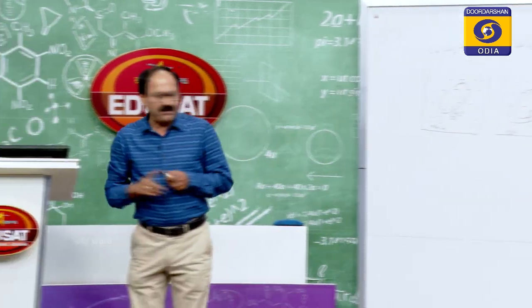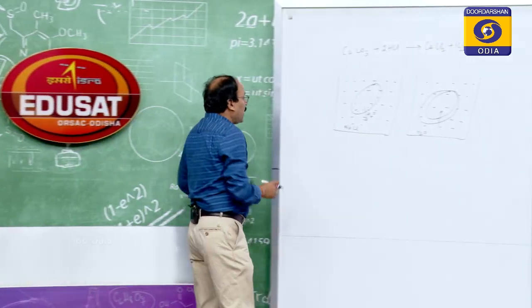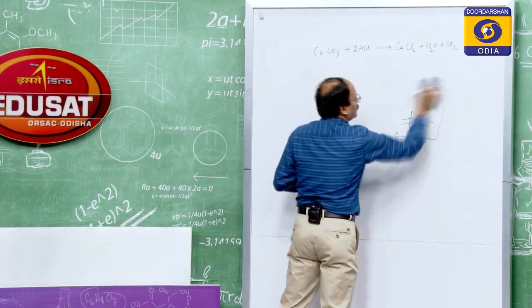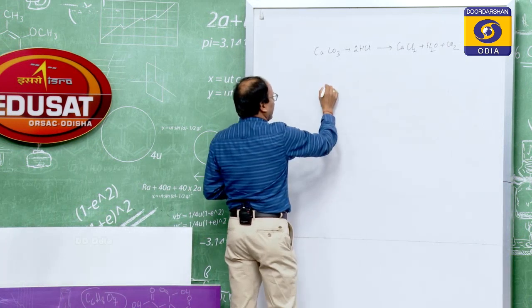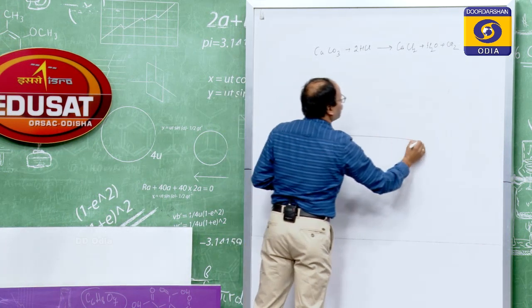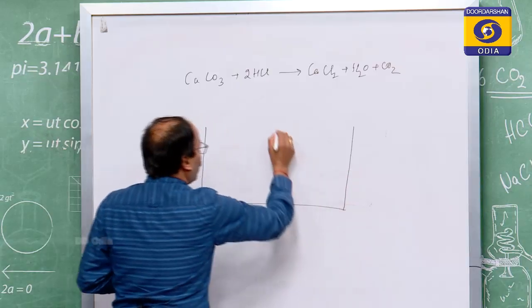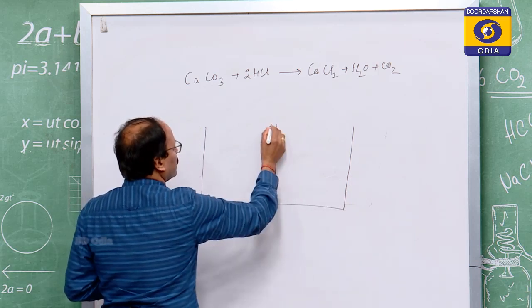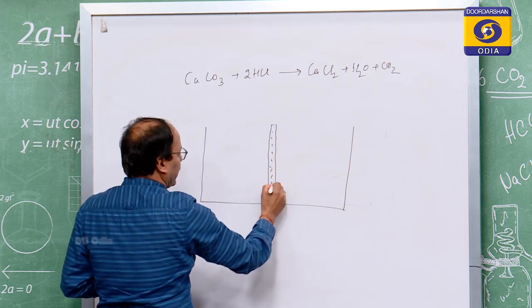Now, how to check? Suppose I take another example of osmosis. You have a vessel like this, with a semi permeable membrane here.